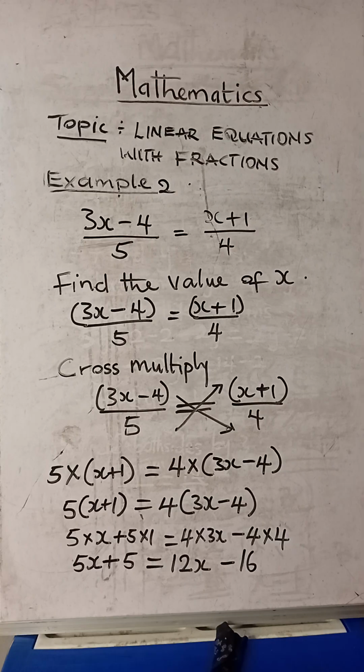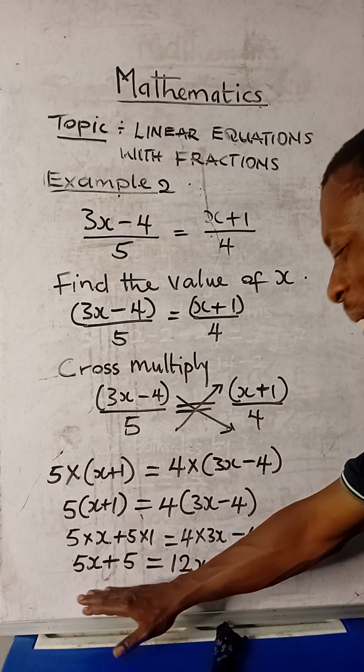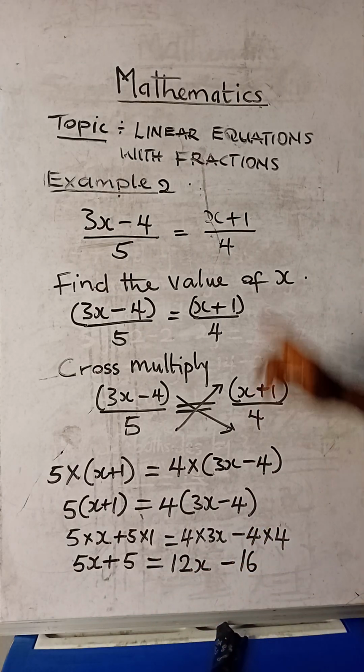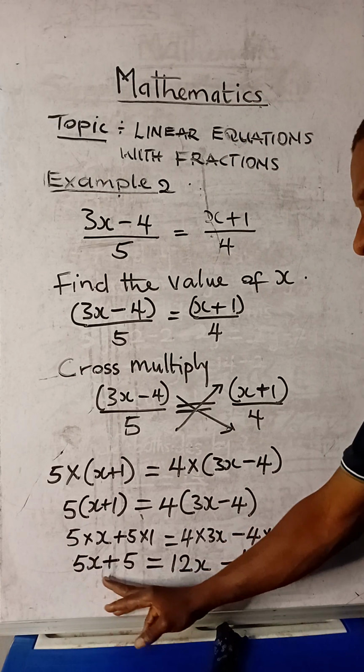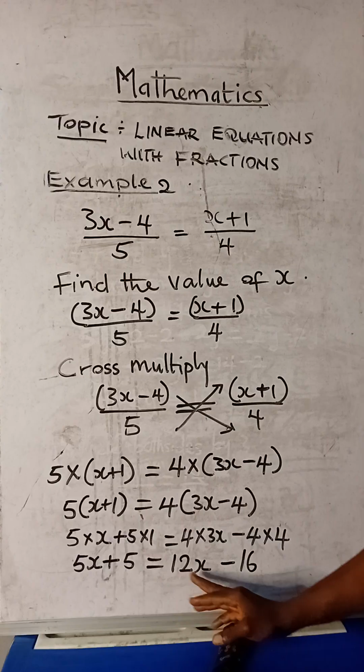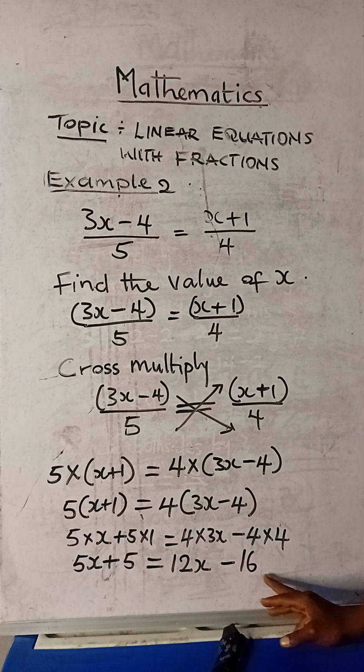Okay. Now, having gotten to this point, you can see that we now have the linear equation we solved in the fourth example. So this is 5x plus 5 equals 12x minus 16.